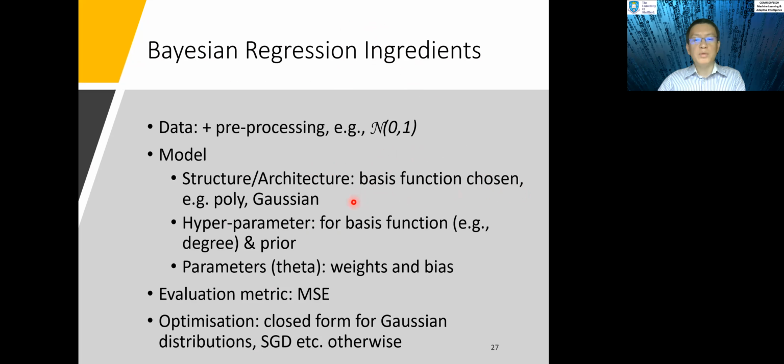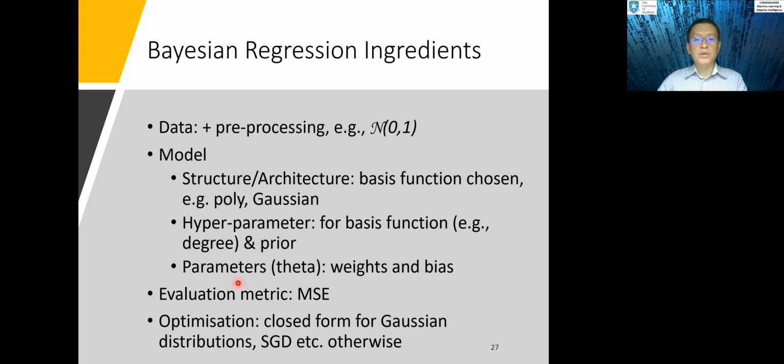And in terms of hyperparameters, our basis function may have hyperparameters, such as if it's polynomial, then that's the number of the degree, and also some prior information, such as the Gaussian distribution, the mean and variance for the prior distribution.